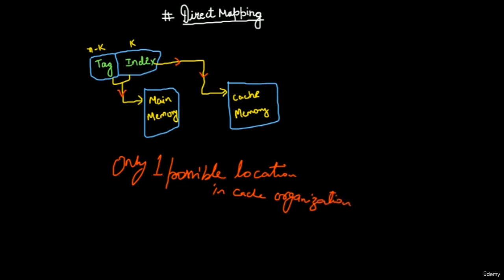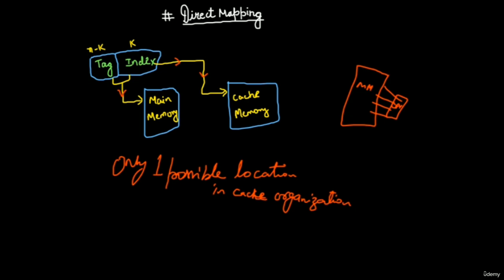So, one for one, and that's the meaning of it. Like main memory is here, and the cache memory is here. So one thing for one thing, it's one on one. That is the meaning of the direct mapping. And as the name indicates, it's directly mapped. So this is one for one, and this simple it is.